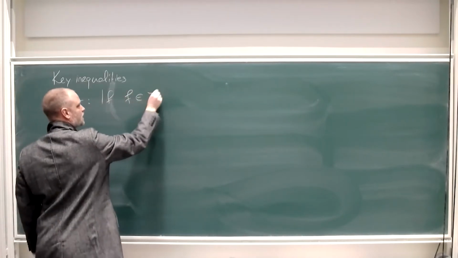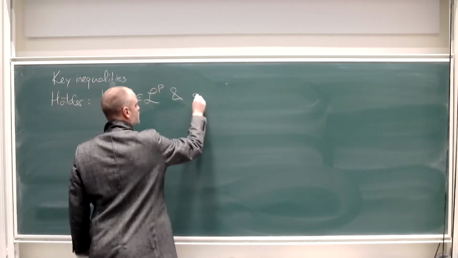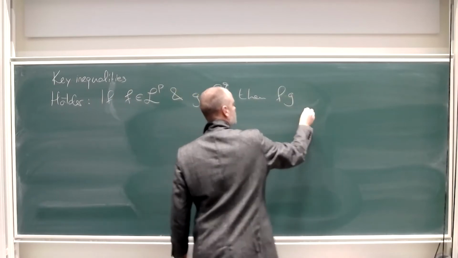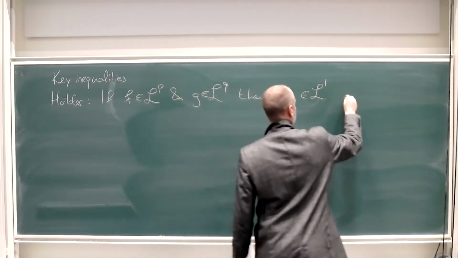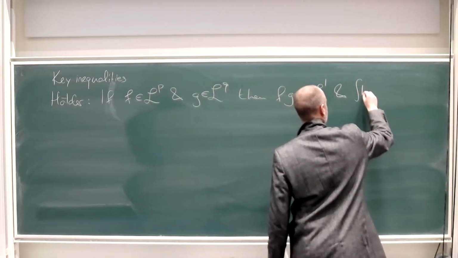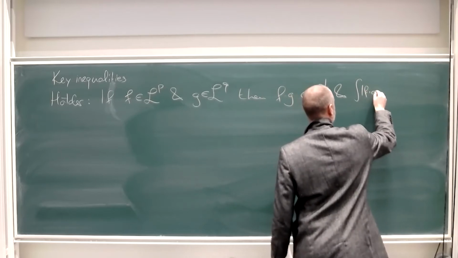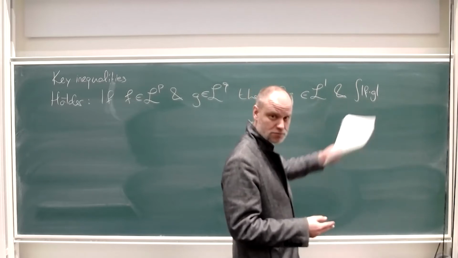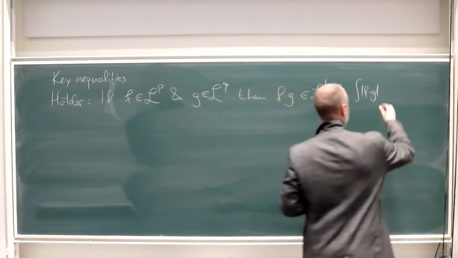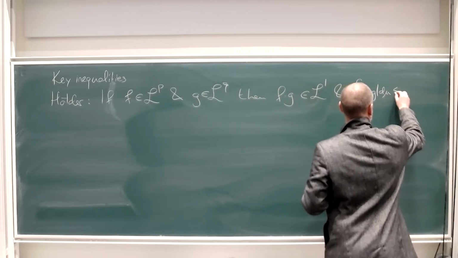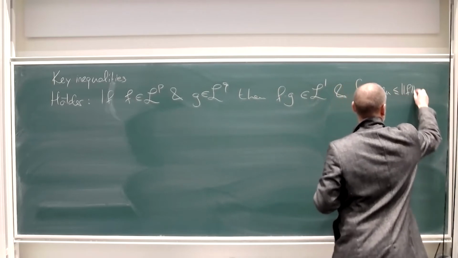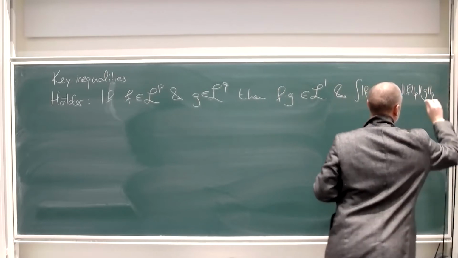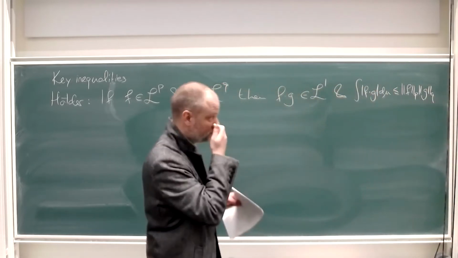If f is in LP and g is in LQ, then f times g is in L1. And here comes the key point. If I integrate now, putting the modulus on the inside, you could put it on the outside, but this way it becomes even stronger, the integral of |fg| dμ is less than or equal to the p norm of f times the q norm of g.